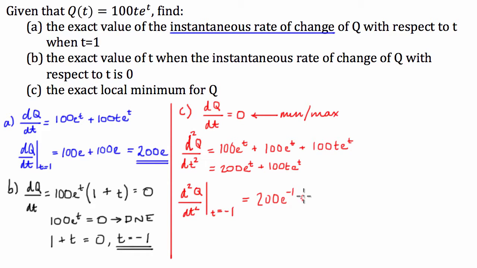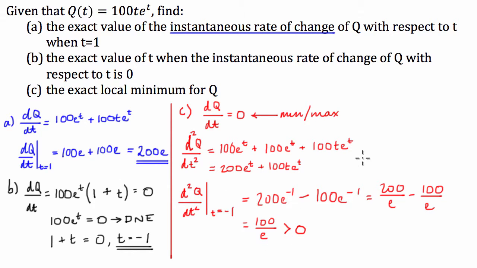Because it's 100 times -1, which is -100. So this is going to be minus 100 e to the -1, which we can write, because these are negatives, in the denominators. And what we can see is 200 over e minus 100 over e is equal to 100 over e, which is greater than 0.